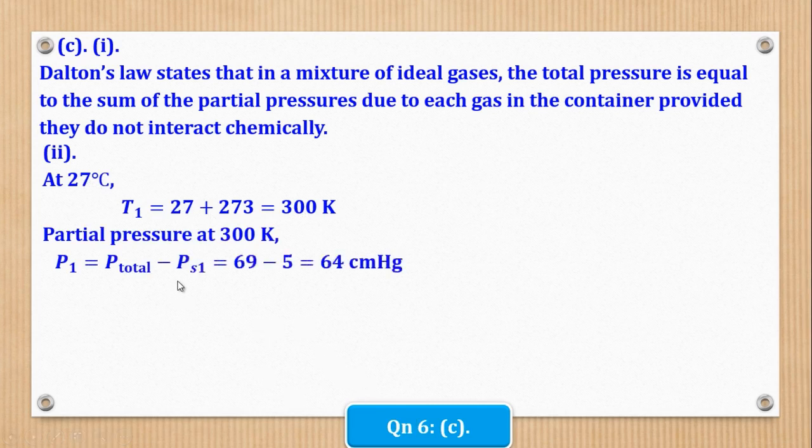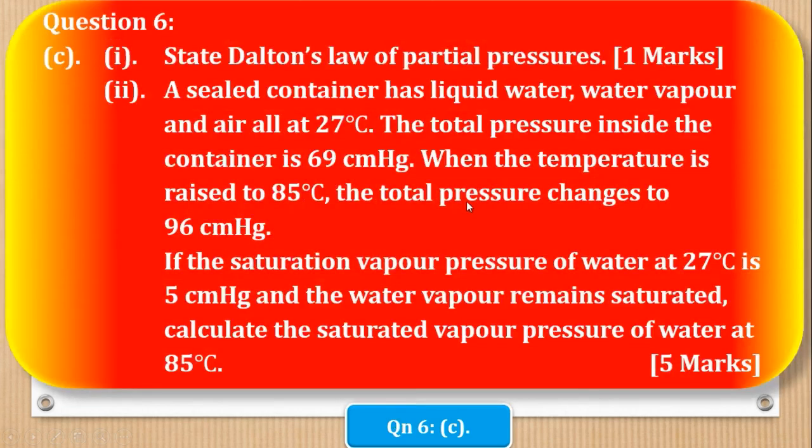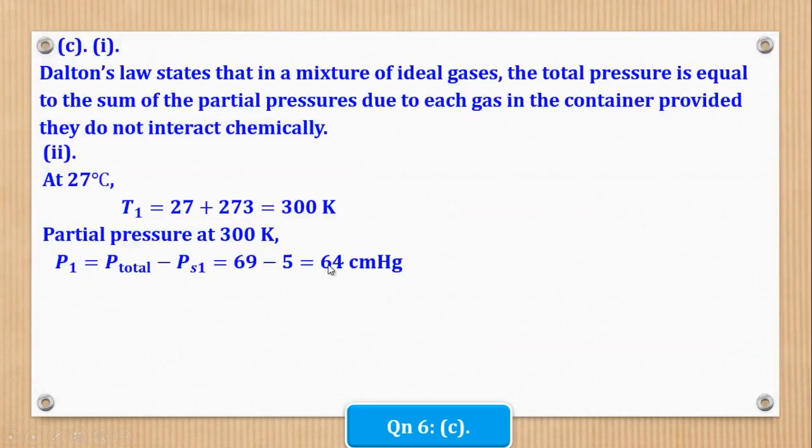Partial pressure is equal to total pressure minus saturated vapor pressure. Total pressure was 69 centimeters of mercury and saturated vapor pressure was 5 centimeters of mercury. When you subtract the two, you come up with 64 centimeters of mercury, and that will be the partial pressure at 300 Kelvin.